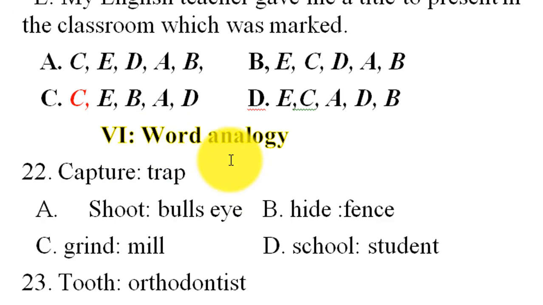Word analogy. We have some analogy means which is recognize the multiple meanings of words. A word has different interrelationship meanings. What is the relationship between capture and trap? The relationship between capture and trap has the same relationship with one of the given pairs of words from the given distractors here.